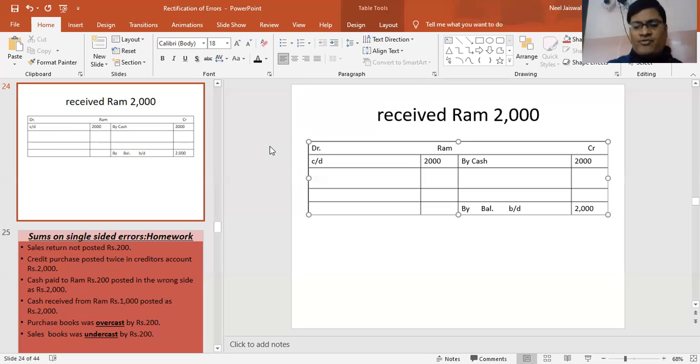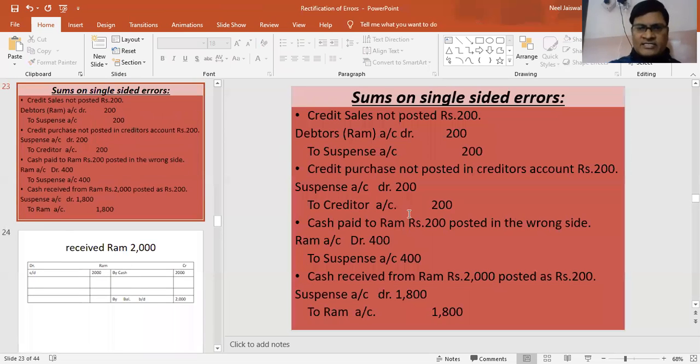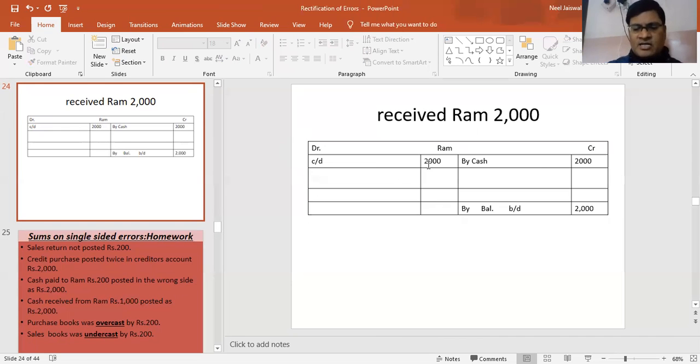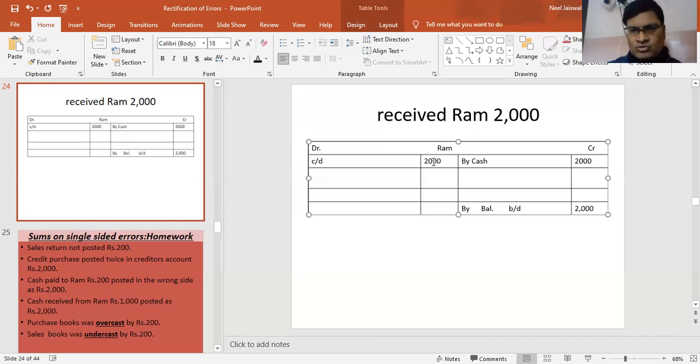But let's see what the accountant has done. The accountant has posted the amount received from RAM as rupees 200. By mistake, instead of 2000, he has written only 200.